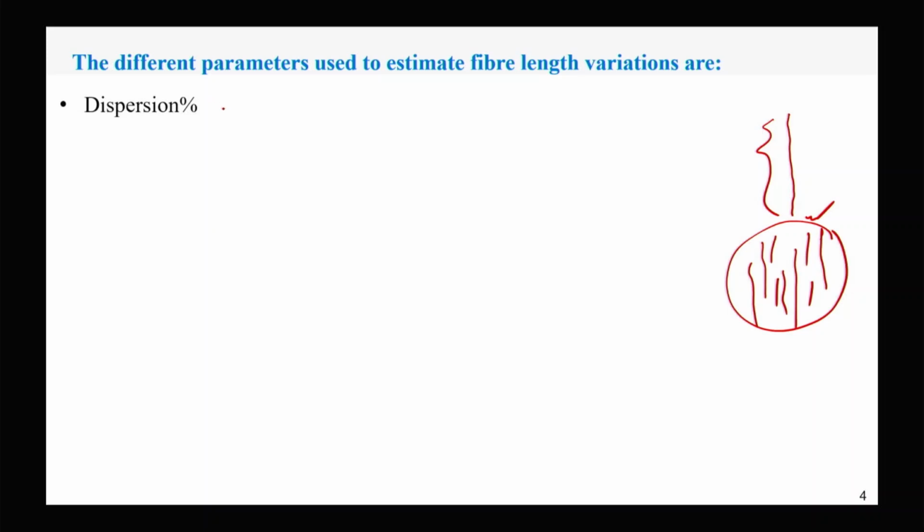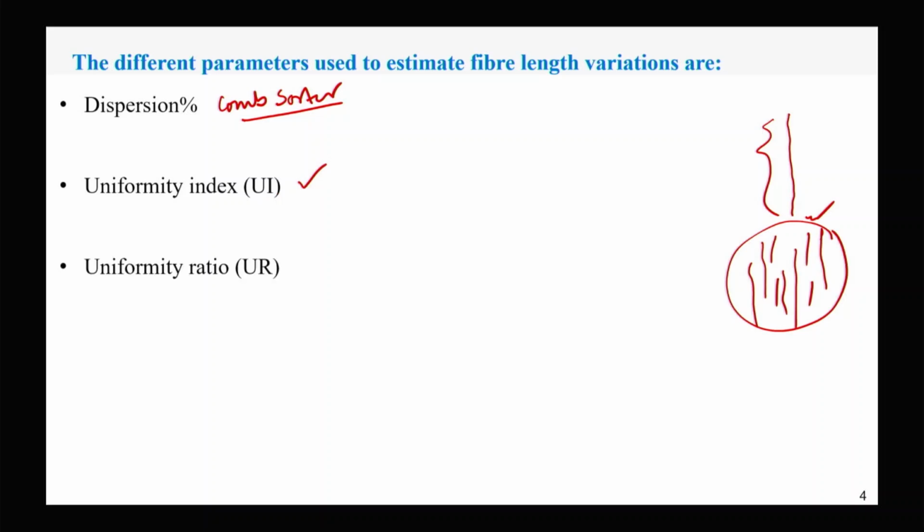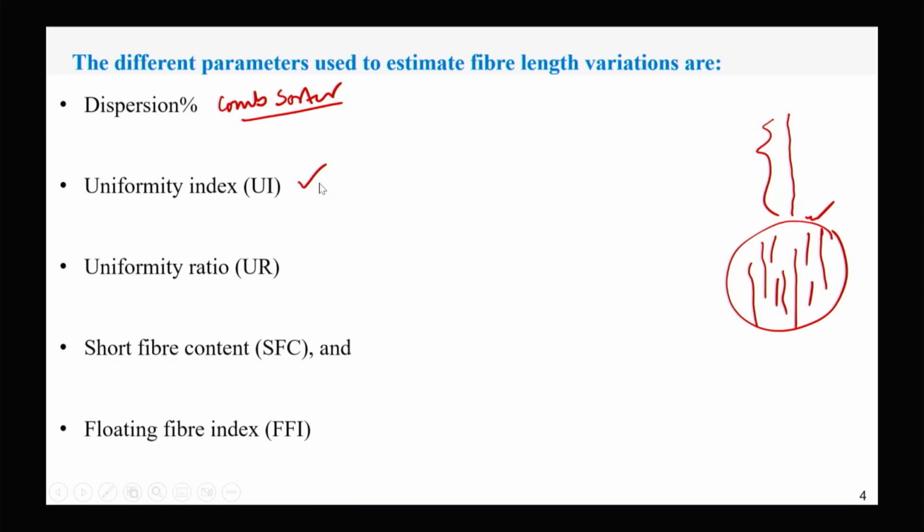Dispersion percent we get from the comb sorter diagram. Then uniformity index we will discuss. This we get from fibrogram. Uniformity ratio, short fiber content, floating fiber index.